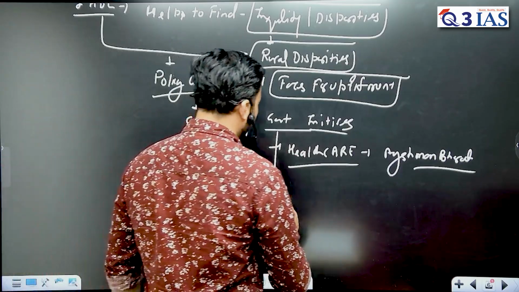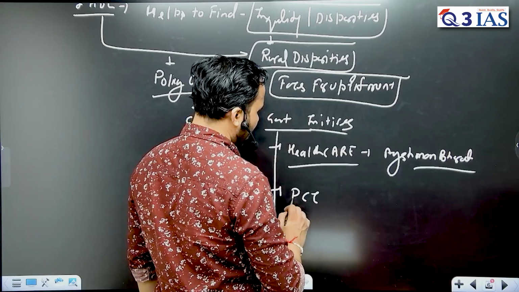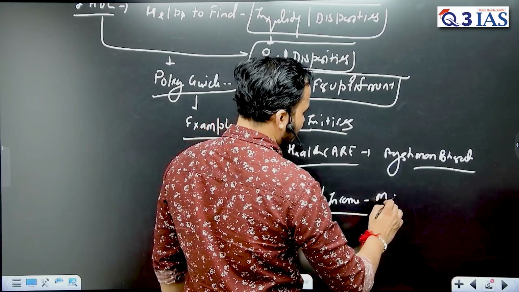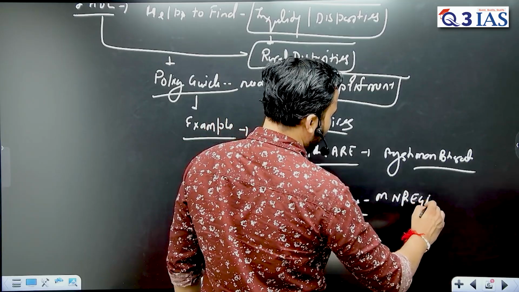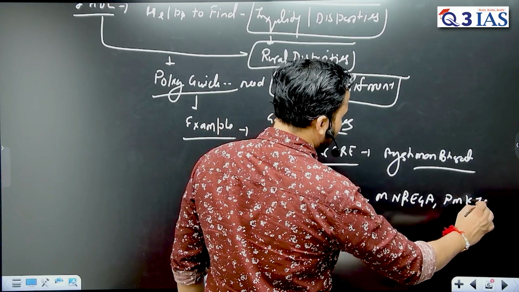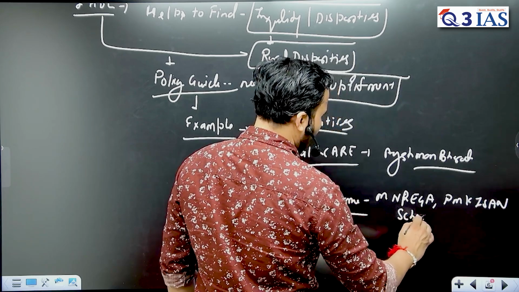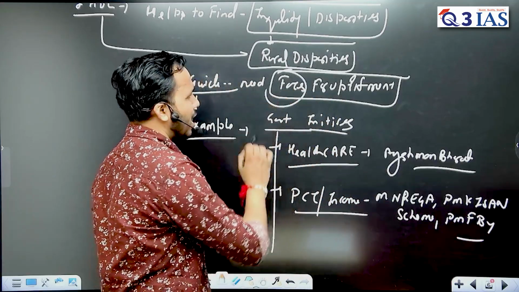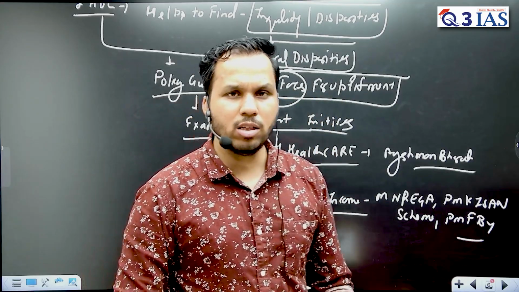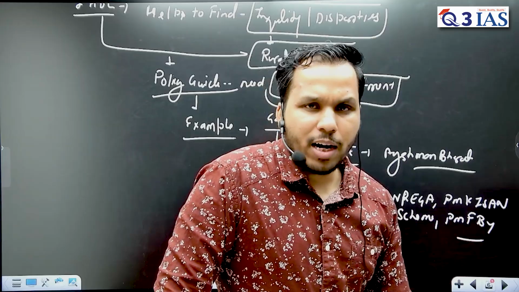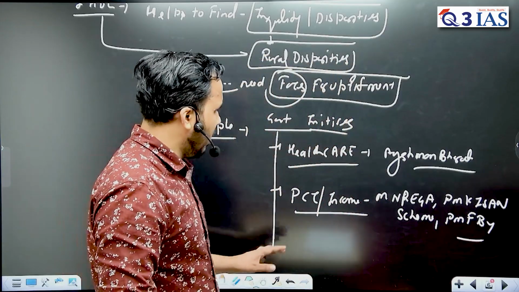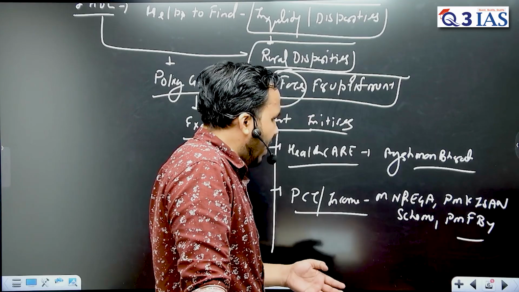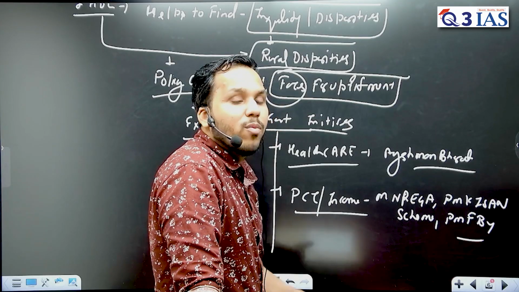And second, if we talk about per capita income or income of the public, there is MGNREGA, PM Kisan schemes, PM Fasal Bima Yojana, because these are for rural areas and the major occupation in rural areas is agriculture. If income is protected by the government through these initiatives, then we can easily find human development improved.